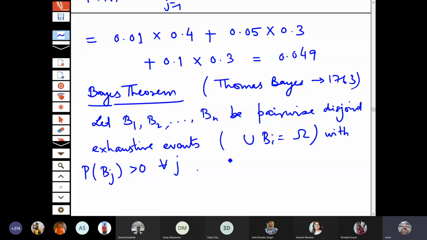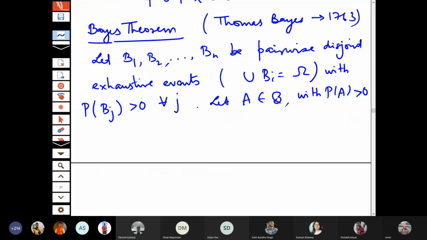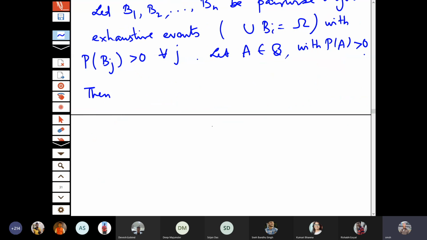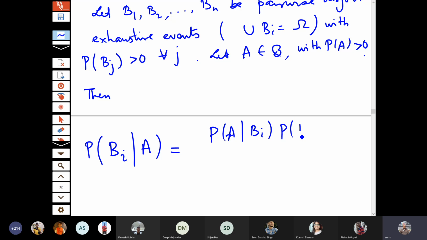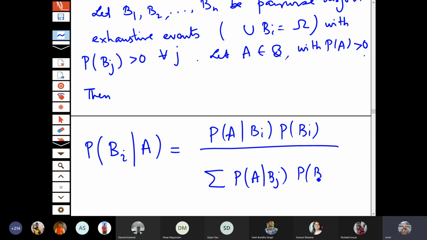Let A be another event with probability of A positive. Then probability of Bi given A is probability of A given Bi into probability of Bi divided by the sum of probability of A given Bj into probability of Bj, j equal to 1 to n.